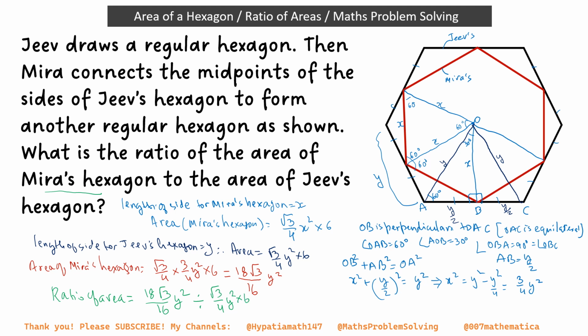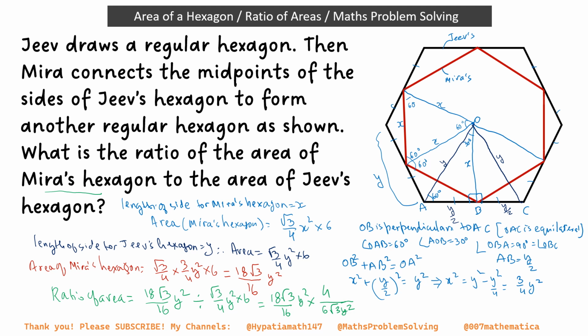So I can write this as 18 root 3 out of 16 y square multiplied by 4 out of 6 root 3 y square.